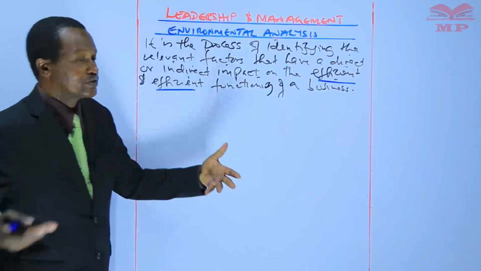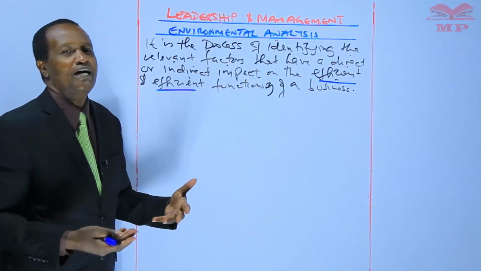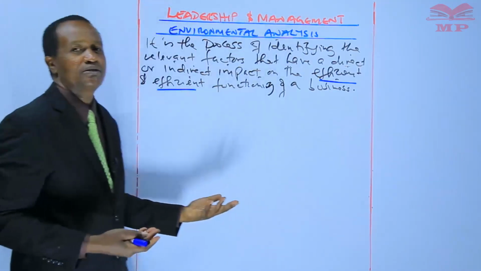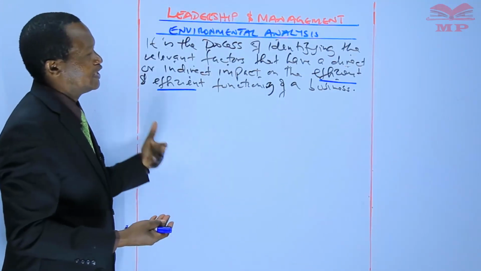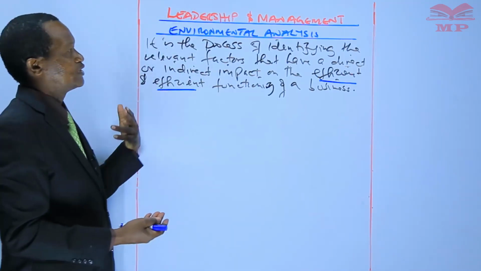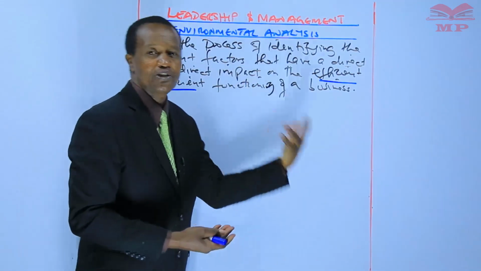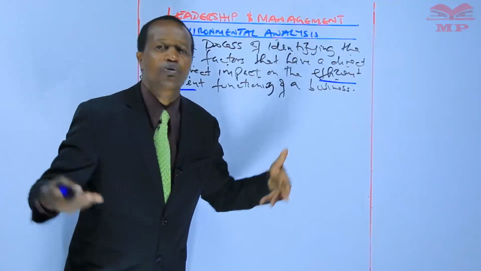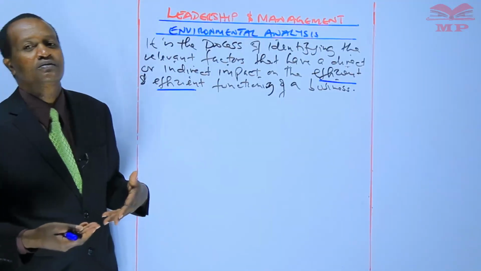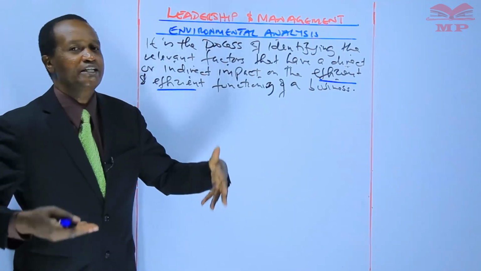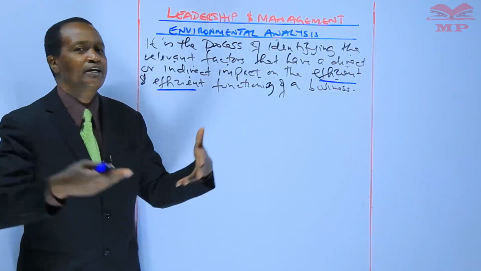So the evaluations are then later translated into the decision-making process. The environment is analyzed, not just for the sake of analyzing, but so that the information that is gathered through environmental analysis can be incorporated in the decision-making process.